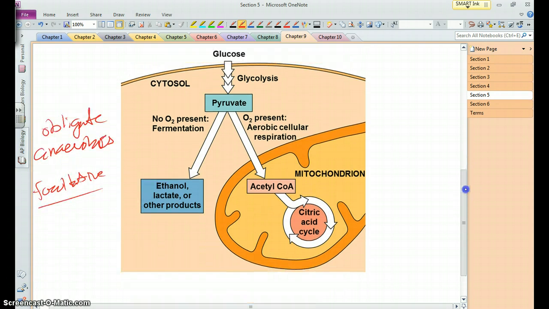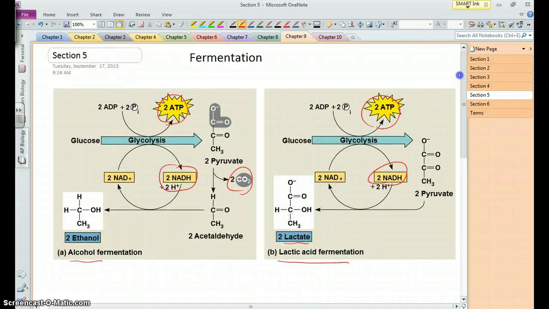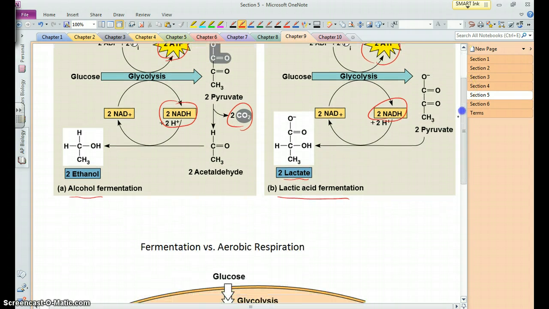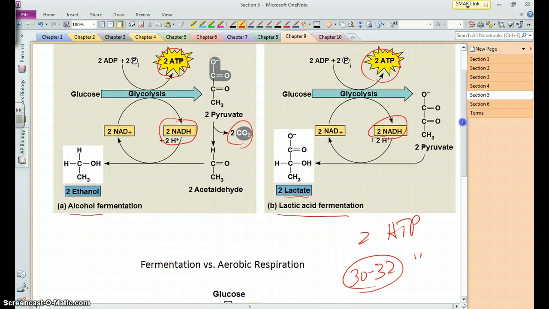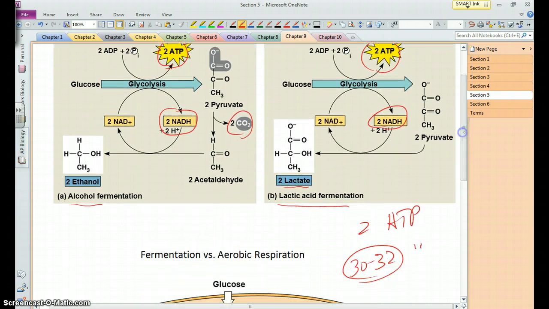Okay, so you can see fermentation only gives us a net of 2 ATPs, where we can see cellular respiration with oxygen gave us anywhere from 30 to 32 ATPs. So you can see that cellular respiration is about 15 times more efficient at extracting energy from foods that are consumed.